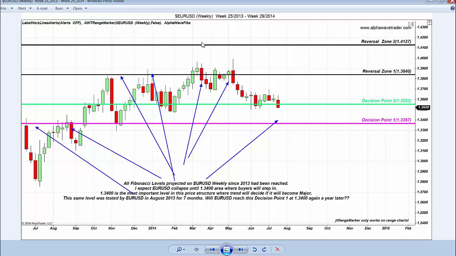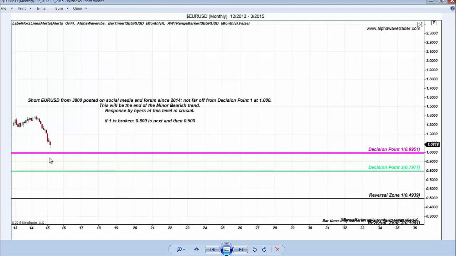Because it's a weekly chart, it had taken a couple of weeks to break through this support. This is a level I identified in 2015 as crucial Fibonacci support on Euro that had been holding for the last 2 years, because this is a monthly chart.